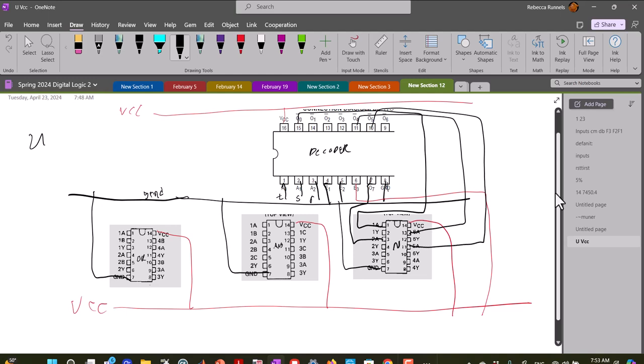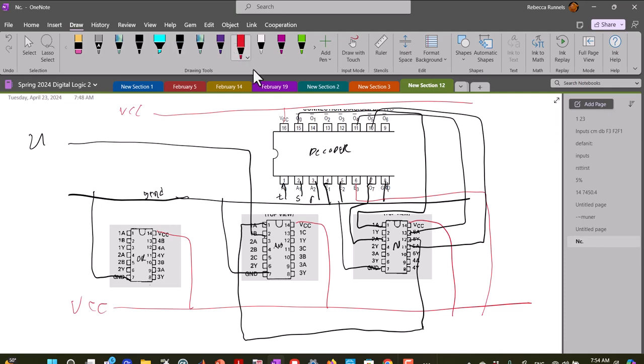So I'm going to take the NOT of 4 and 5, and I'm going to AND those with U. It's a 3-input AND gate, so I'll just put a 1 into the third input.